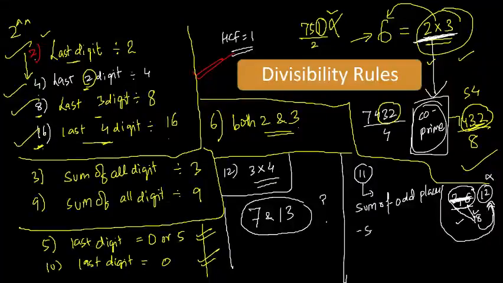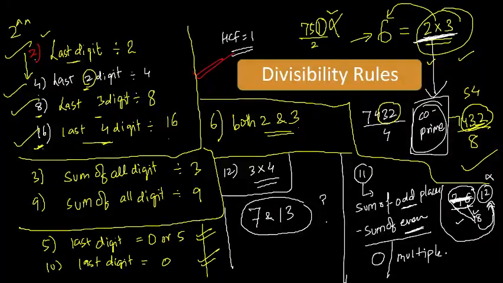Also add the sum of even places. So the sum of odd places minus the sum of even places should be 0 or a multiple of 11. If that difference is 0 or a multiple of 11, then your number would be divisible by 11.